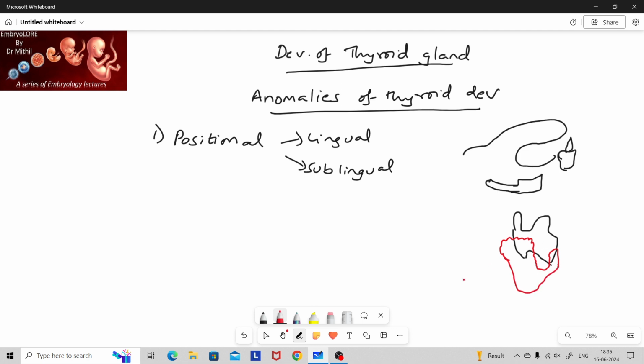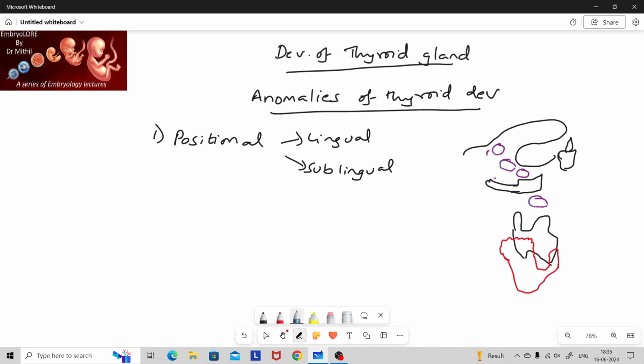Now let us try to understand the abnormal positions. First of all, this is the lingual thyroid, within the tongue tissue. Then infralingual thyroid, and then suprahyoid thyroid, or else infrahyoid thyroid. So this is the passage along the thyroglossal duct.